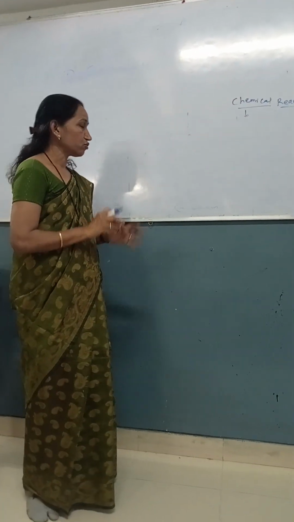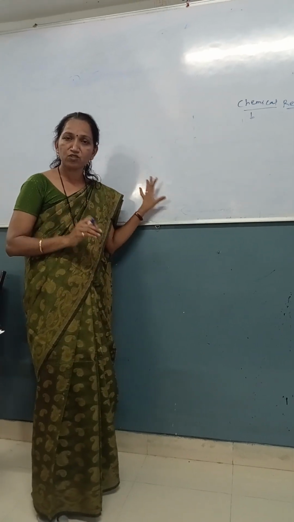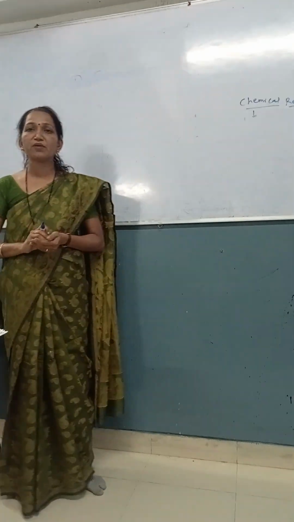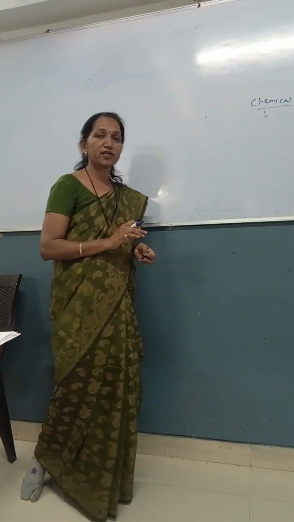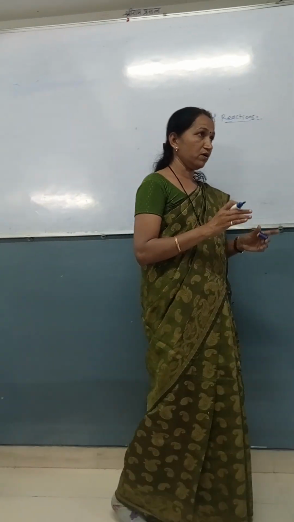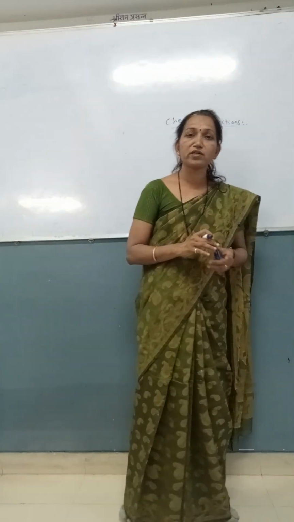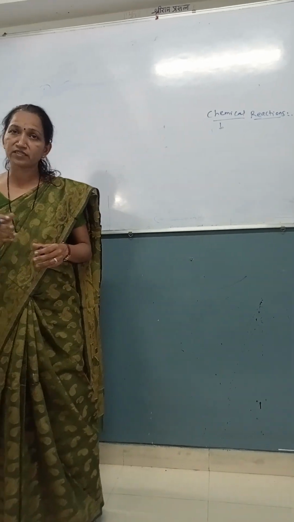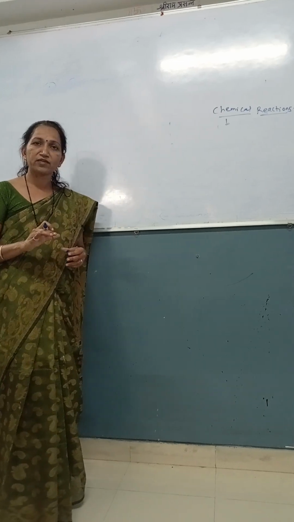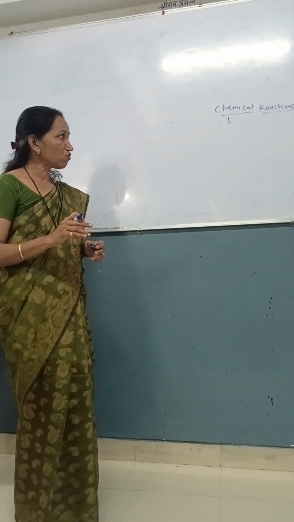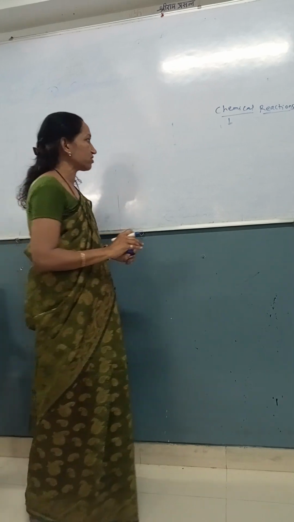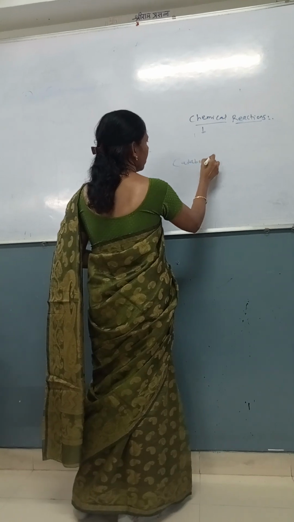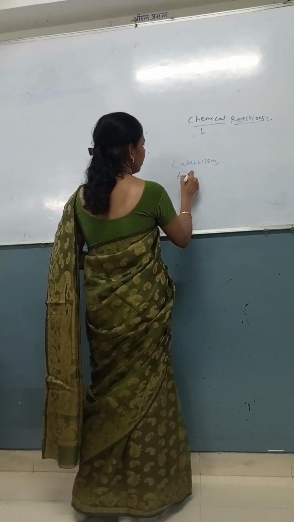Now you should remember the chemical formulas, the properties of chemical reactions, the types of chemical reactions, and the uses of chemical reactions. Chemical reactions occur in our daily life, in different activities in our body. Digestive enzymes are secreted in your body, and they perform an important role in metabolic processes, catabolism and anabolism.